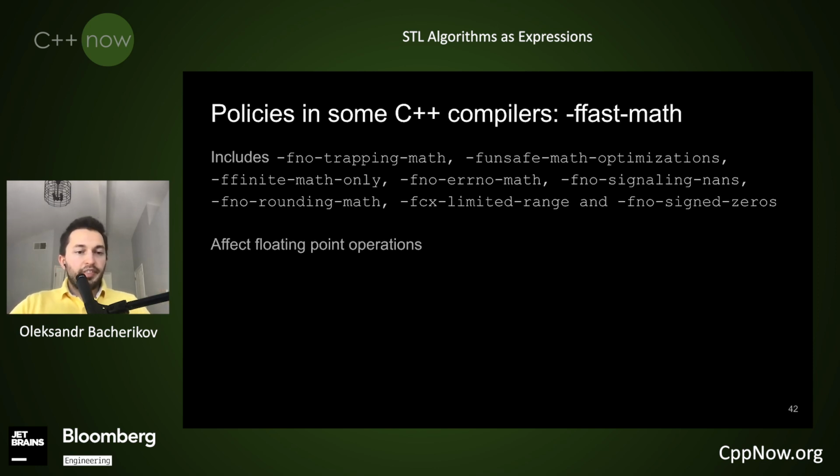So I'd say that this is a policy that affects these floating point operations. The problem with this is that once we compile the code, we can't access other versions of things like math square root. So we can't call it in the same function once without this flag and once with this flag.